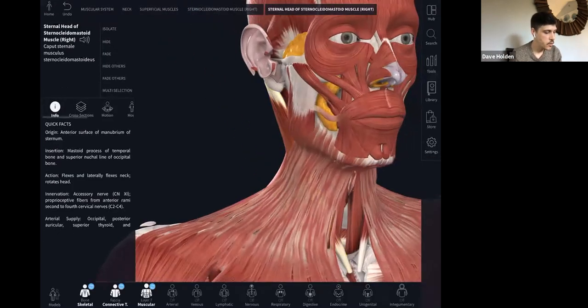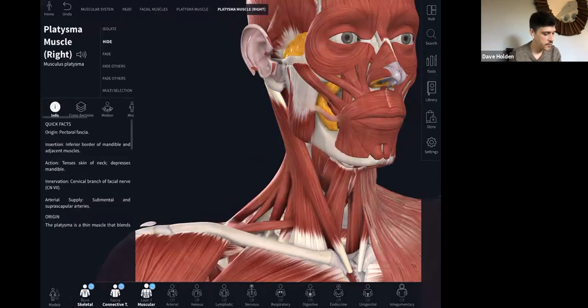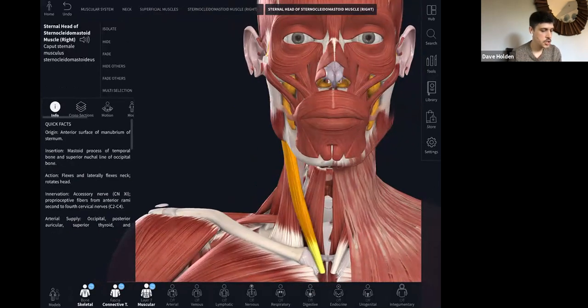So as we've learned with muscles before, sternocleidomastoid crosses the neck on the anterior side. That tells me flexion. Since it's paired, I've got one on both sides. That's also cluing me in to lateral flexion, right? Lateral flexion if they contract one at a time, flexion if they contract bilaterally.